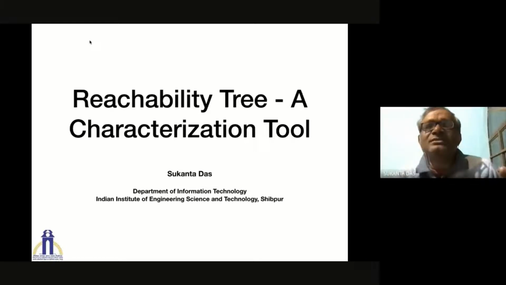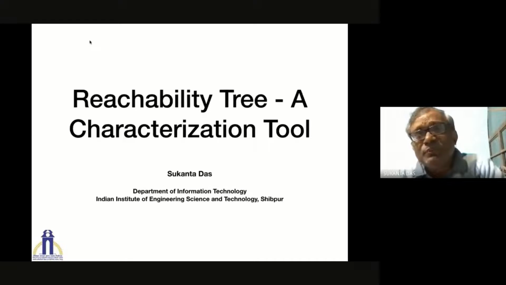Apart from these two classes of CAs, there is a large class of non-uniform CAs, which are generally termed as non-linear CA. For the non-linear CA, obviously, we cannot use the matrix algebra. So this is the reason why this tool called reachability tree has been developed.